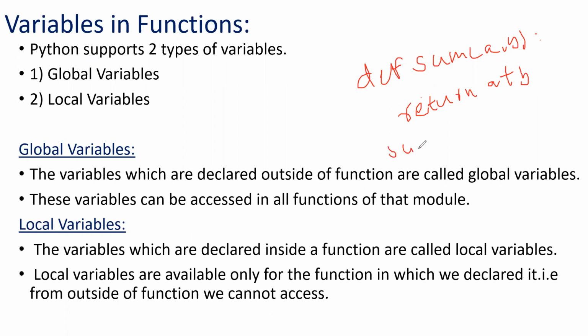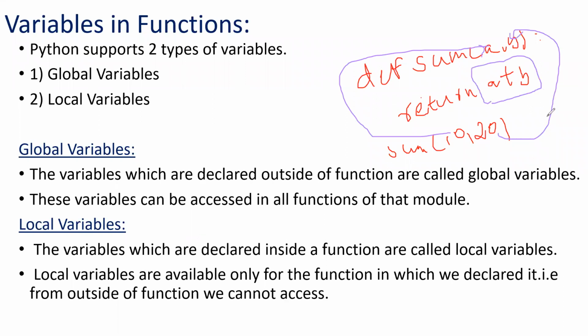What is sum of 10, 20? Now these values will be assigned to a and b. Now return a plus b. The sum is 10 plus 20, that is 30.